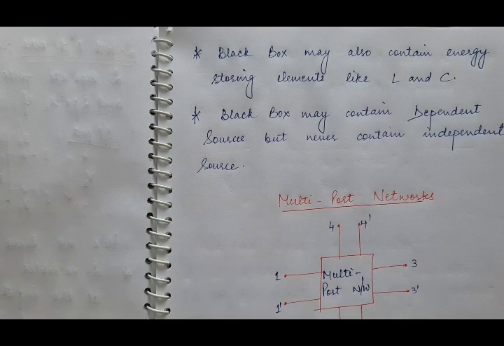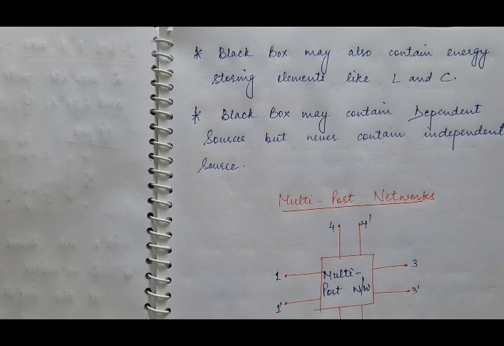And these inductors and capacitors also have energy storage capacity. So the black box may also contain energy storing elements like inductor and capacitor. And the black box may contain dependent sources, but it should not contain independent sources. So this was all about the basics of two-port networks.